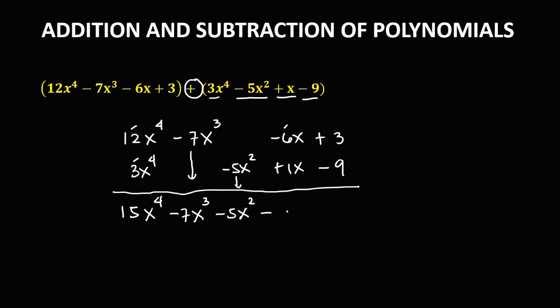And 6 minus 1, that's 5, so negative 5x. Then for this positive 3 minus 9, since 9 is greater than 3, this one is negative. And 9 minus 3, that's 6, so negative 6. So this is now the sum of these polynomials.